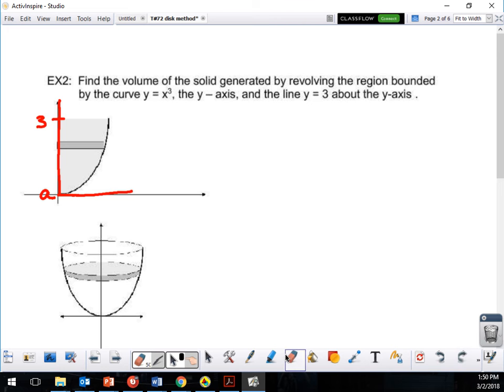All right. Let me change the A to a 0. So for this one right here, this is going to be a dy because we're doing it with respect to the y value, right?